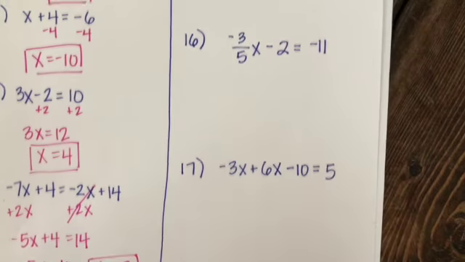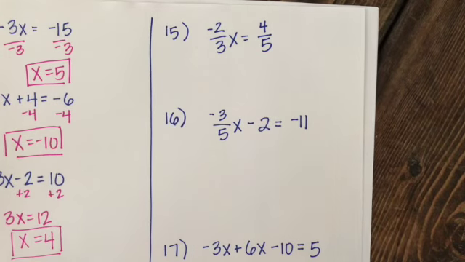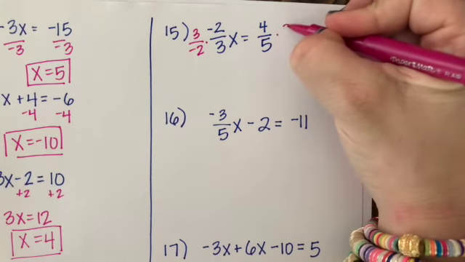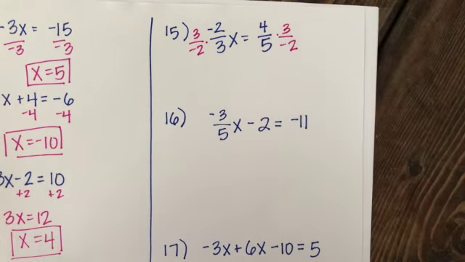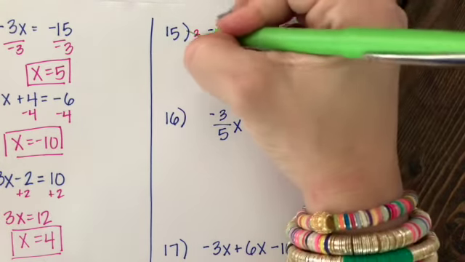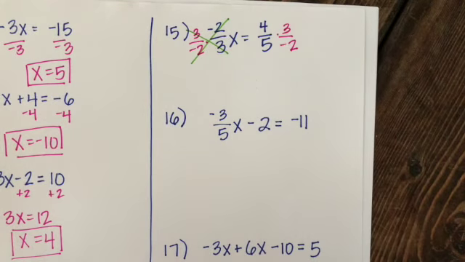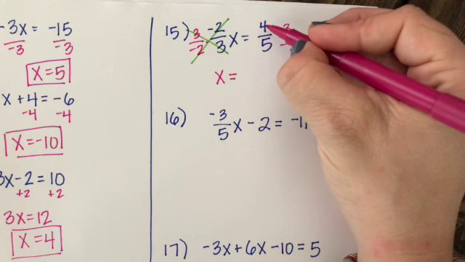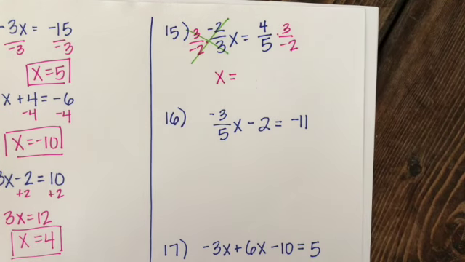Okay, 15. If it's being multiplied by a fraction, you multiply both sides by the reciprocal. So I multiply both sides by 3 over negative 2. So that cancels out. Over here, I'm left with x equals, I can go ahead and reduce first.